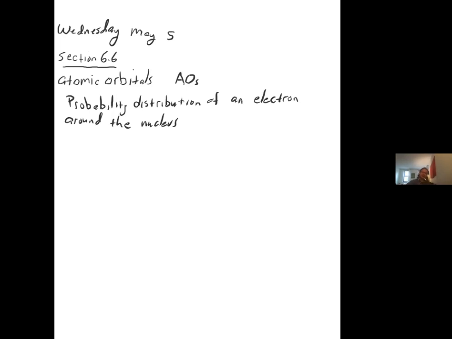And the reason that we deal with this in terms of probability distributions is that it turns out, because of the Heisenberg uncertainty principle, we cannot know perfectly the position of an electron. So it's useless to consider its exact position. But what we can do is we can talk about the probability that an electron is in a certain space around the nucleus. And so what we end up with are what are called probability distributions.